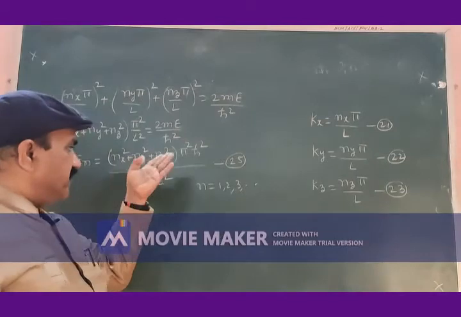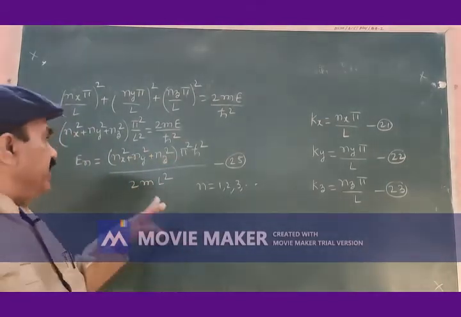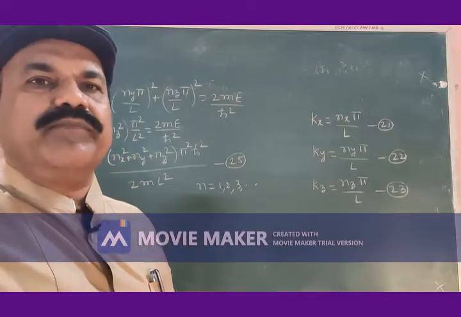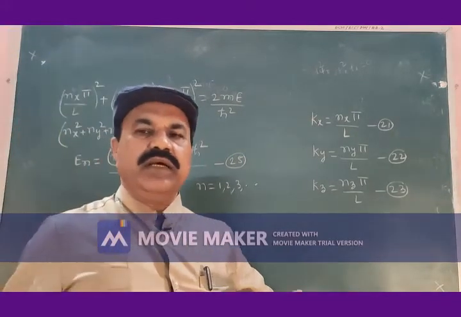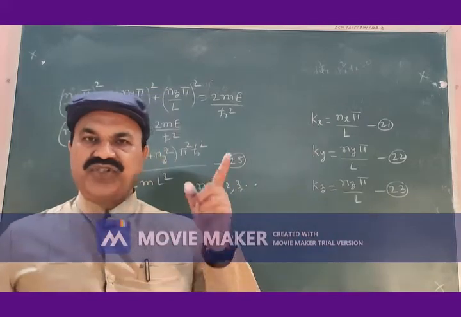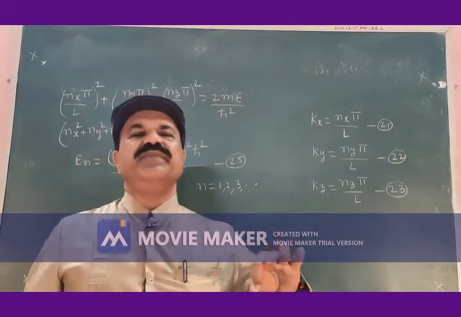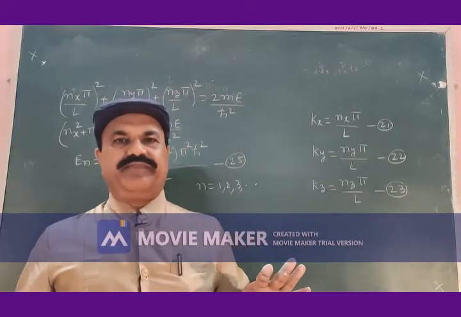So, according to equation 25, En is allowed to have some specific values only. Energy En of the particle performing motion in the three-dimensional box is allowed to have specific values of energies only.